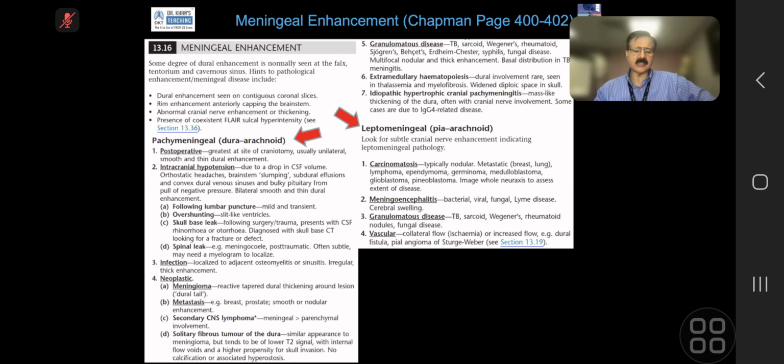And the key thing is that when there is leptomeningeal enhancement, the key three headings which should be up there for you are: one is infection, and for infection you will ask for CSF analysis, etc. Then is carcinomatosis, and then is aseptic meningitis, as in Wegener's and Behçet's and Sjogren's and rheumatoid, etc., and sarcoidosis, etc.